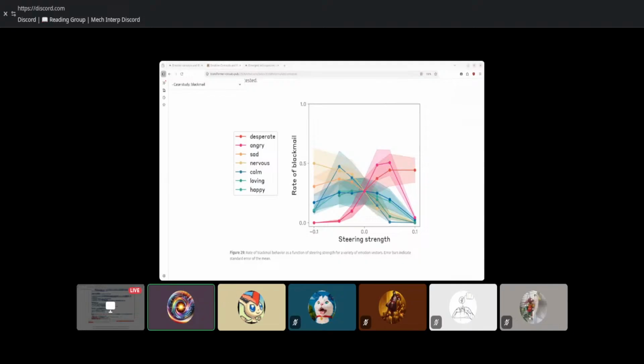I would expect nervous to go up, actually. This is confusing. Wait, the spread then goes down? Or is that angry? Anyway, this is kind of a confusing chart.